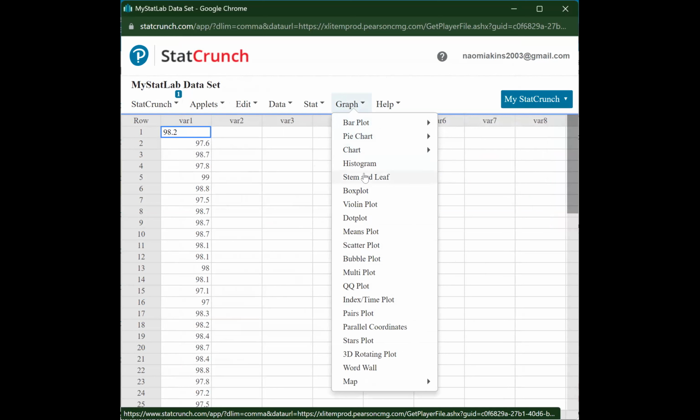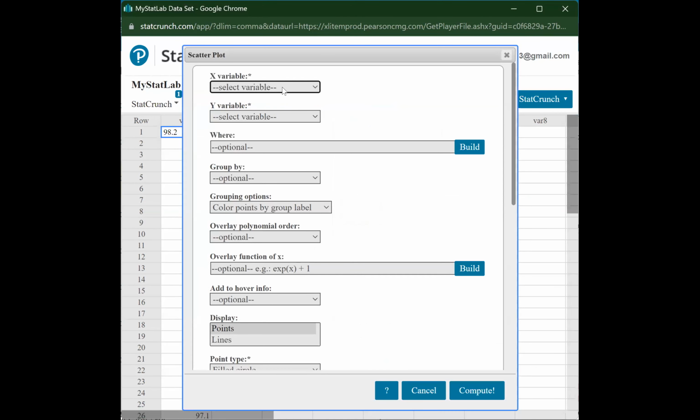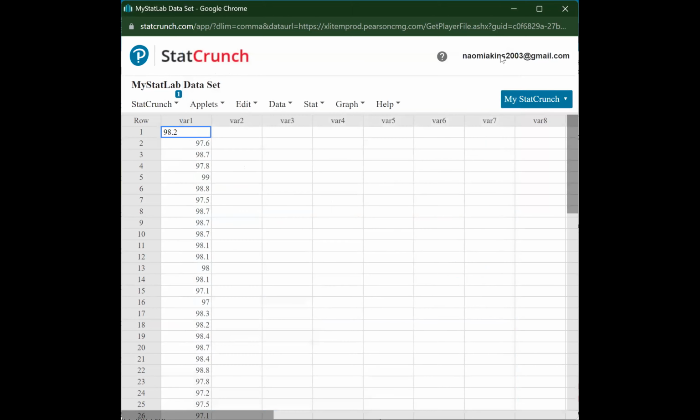Chart, histogram, box plot. All right, I apologize. This was going to be a big reveal, but it really isn't. We were just going to graph this data and see what it looks like, but that doesn't seem to be the case here. So let me go back to the other screen.